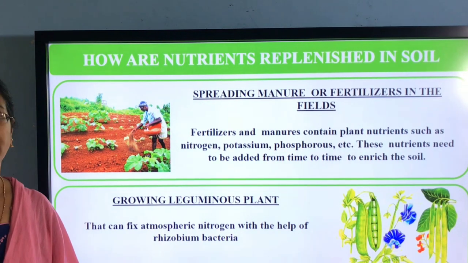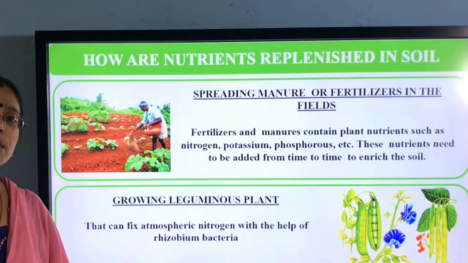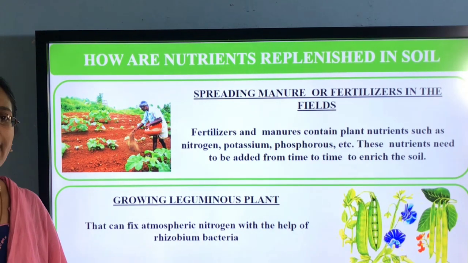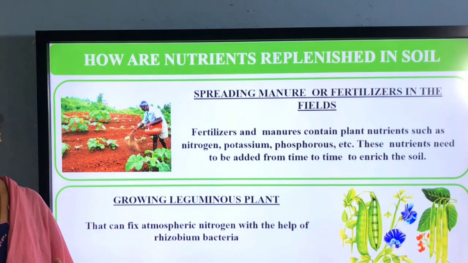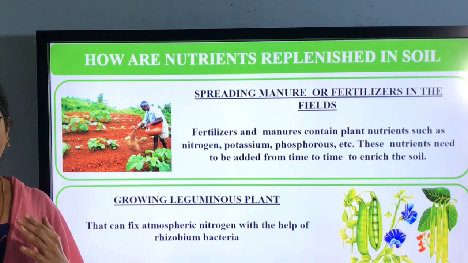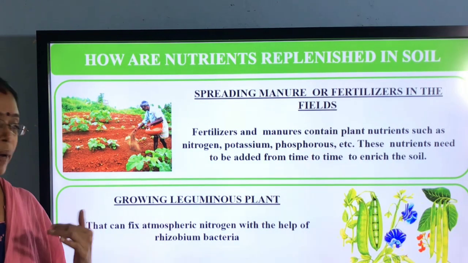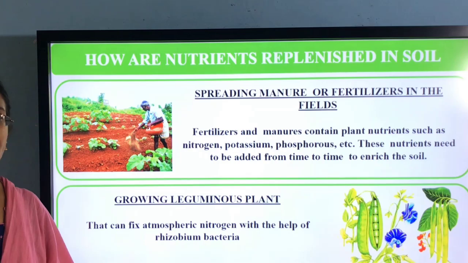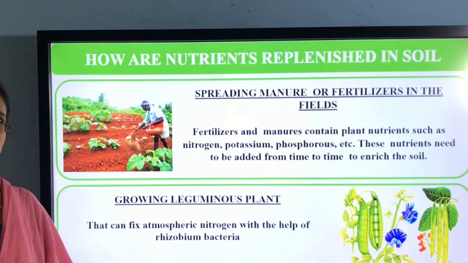This Rhizobium bacteria is able to fix the atmospheric nitrogen in the soil in a usable form. So the plant can use the nitrogen compound. This plant fixes the nitrogen, so the soil will be enriched in nitrogen compound. So by growing leguminous plants at proper intervals, we also enrich the nitrogen content of the soil.